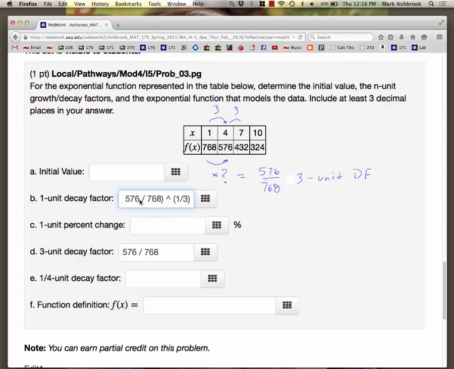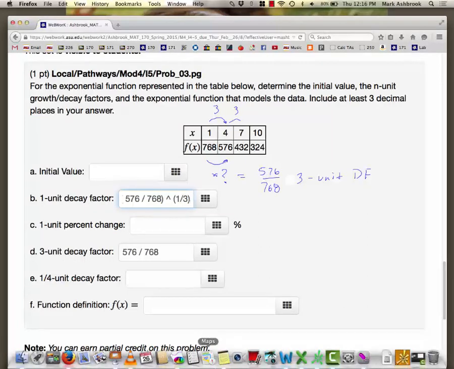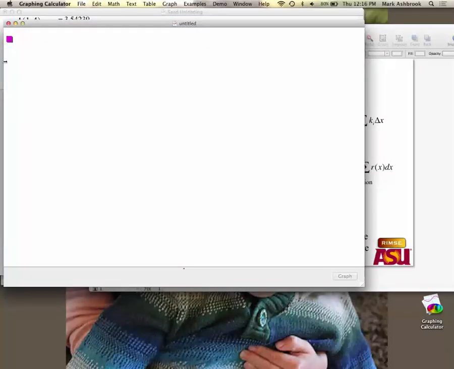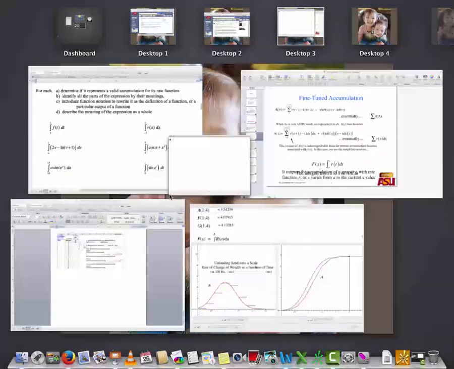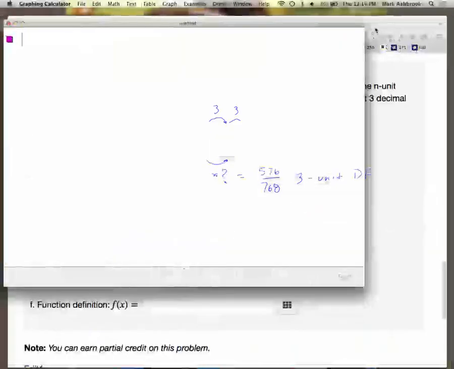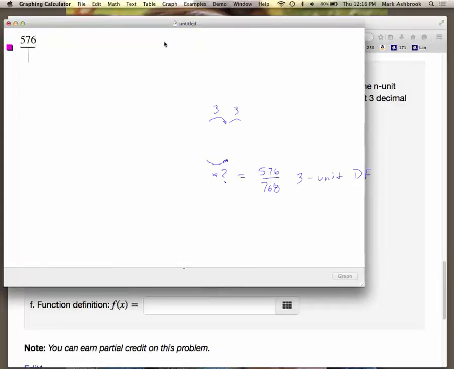Okay, so now to get the percent change, let's get some good approximations here. So get both those. 576 divided by 768. Oh, look at that.